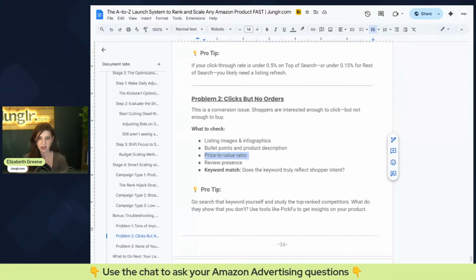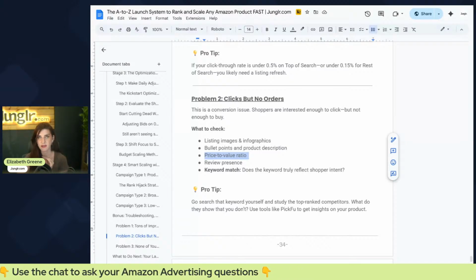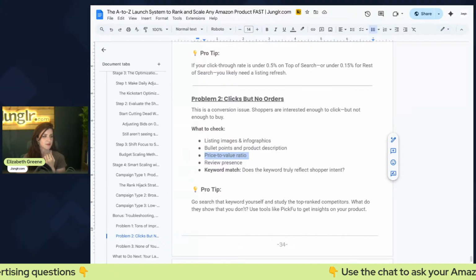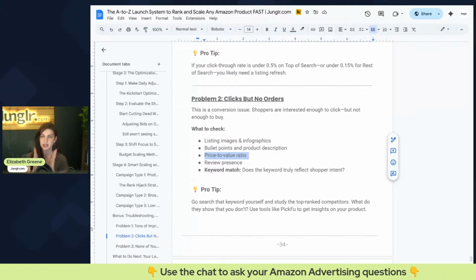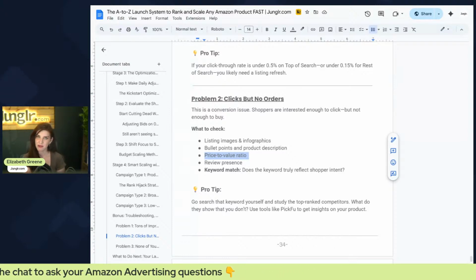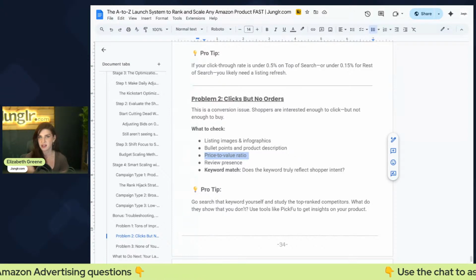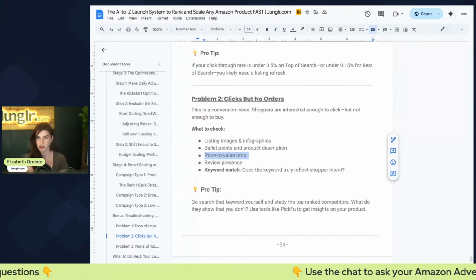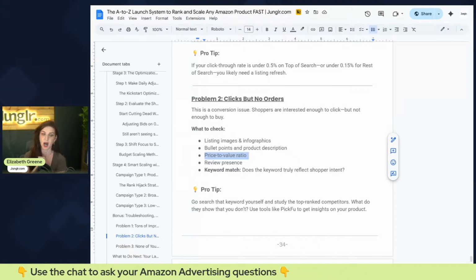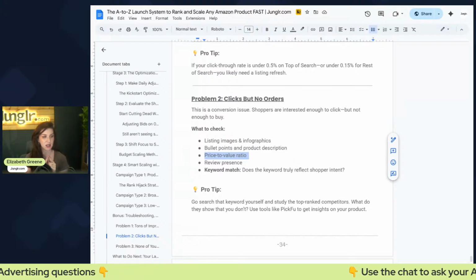If you're in the launch phase, you have maybe only a couple of reviews, and you're priced at the higher end of the market, and there is any other product that a shopper would perceive is just as good, with better reviews, so they're more vetted, and a lower price point, generally speaking, they're going to purchase the cheaper option. So you want to make sure that your listing, and when I say listing, I mean your images.